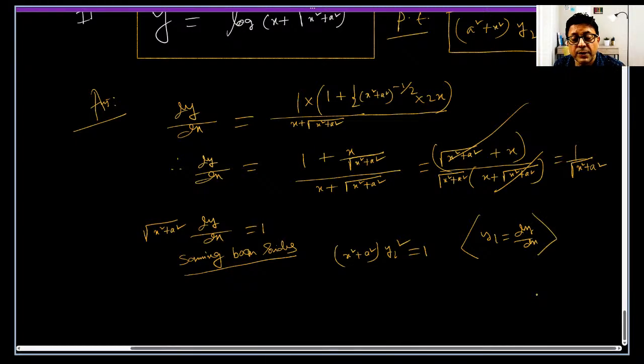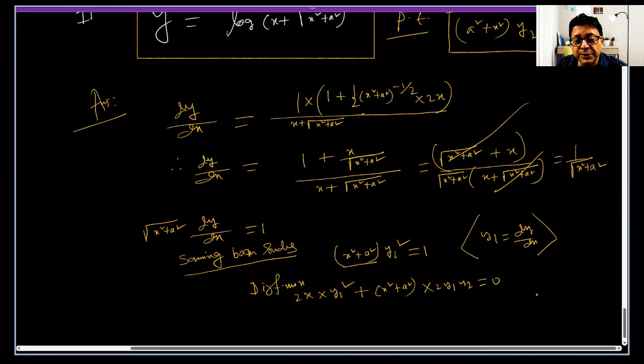Now differentiating with respect to x, 2x into y1 square, plus x square plus a square 2y1 y2 equal to 0. For this kind of sum, what I tell you, once you cross multiply, square, differentiate and divide by 2y1, you get the answer.